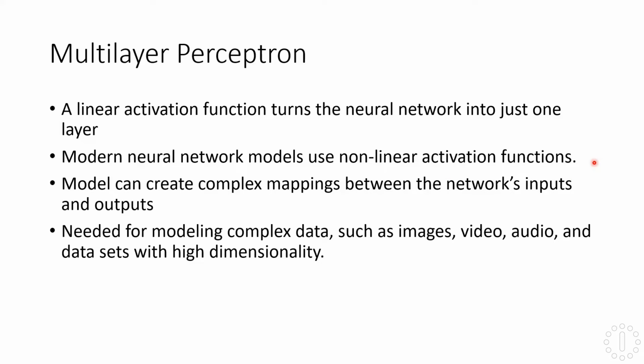So instead of using this activation function, where if the input is above a certain value we output 1, and if the value that we get is below that same value, then we output -1, we can use nonlinear activation functions.